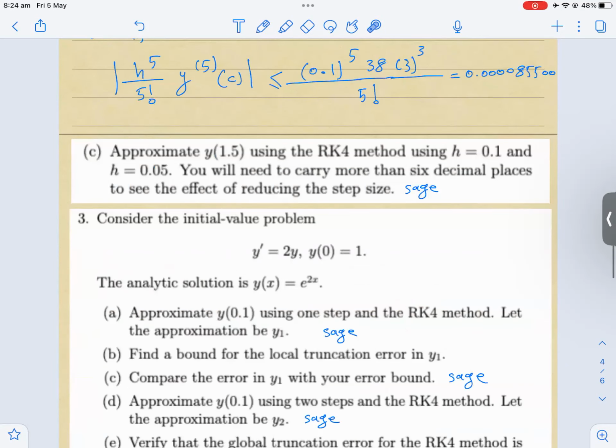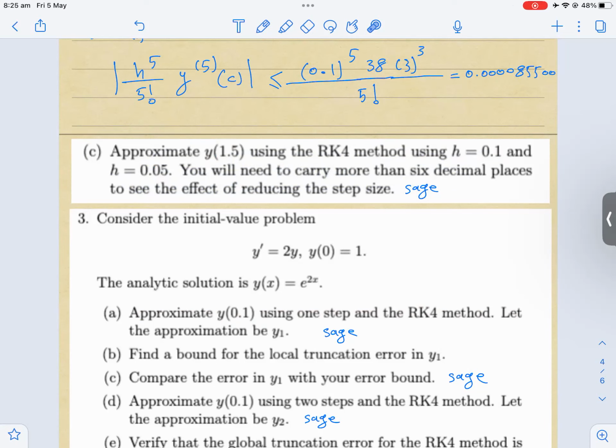Part C, approximate y of 1.5 with step size 1/10. Step size 1/10 means 5 times Runge-Kutta, and 1/20 means 10 times Runge-Kutta. Even doing Runge-Kutta one time is not easy, so you really need to implement it in any software.